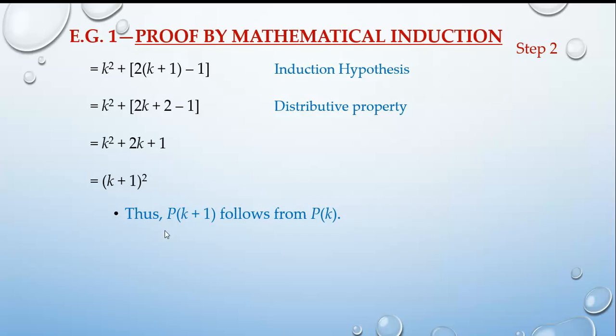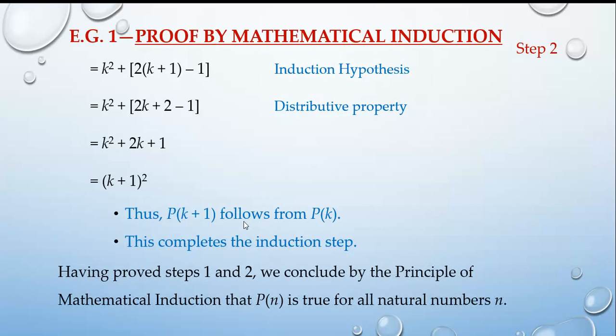So we can say that this is true for Pk plus 1. Now our induction step is completed. Having shown step 1 and step 2, we conclude that by the principle of mathematical induction, Pn is true for all natural numbers n.